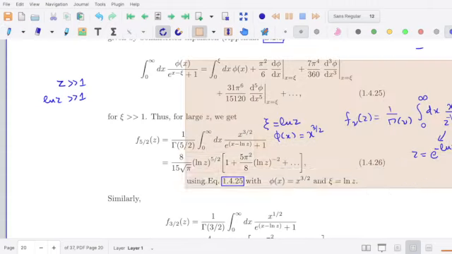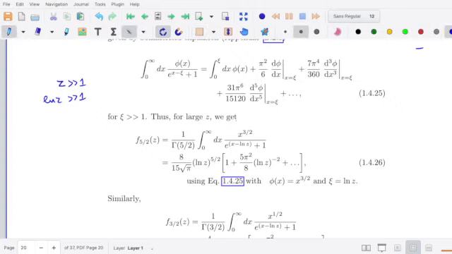Now the very first term is given by the integral from 0 to mu of dx phi of x. So since phi of x is taken to be x to the power 3 by 2, its integral is going to be x to the power 5 by 2 divided by 5 by 2, which is 2 by 5 x to the power 5 by 2 evaluated at x equal to mu, but mu here is logarithm of z. So this is 2 by 5 logarithm of z to the power 5 by 2.